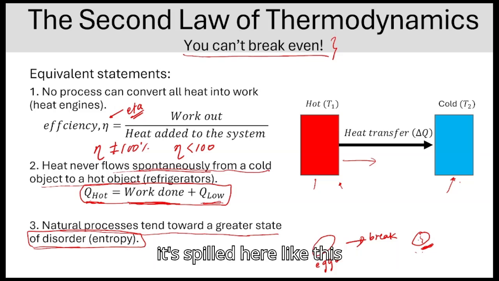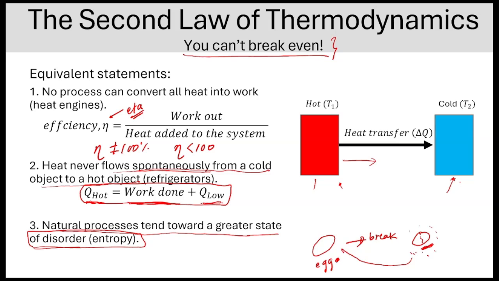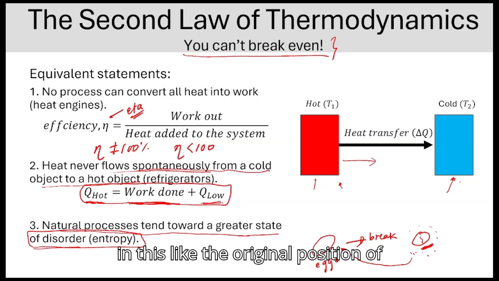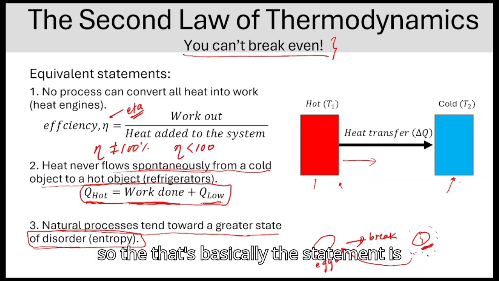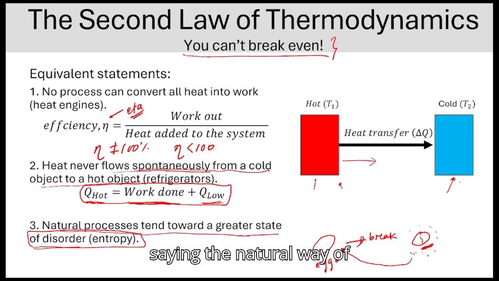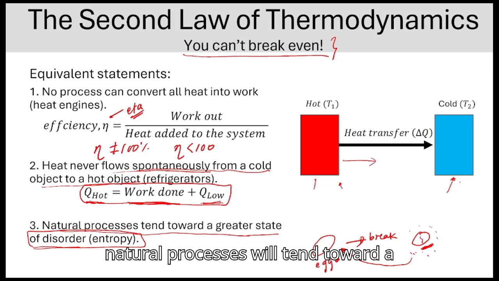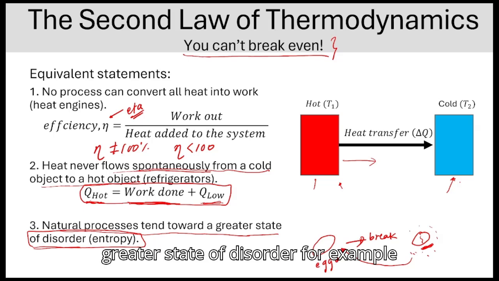It's spilled here like this, and naturally it will never get back to the original position of low disorder. So that's basically what the statement is saying: the natural way of things is that all natural processes will tend toward a greater state of disorder.